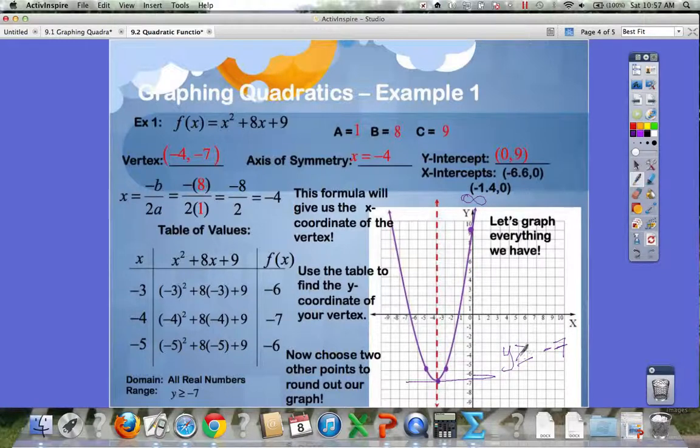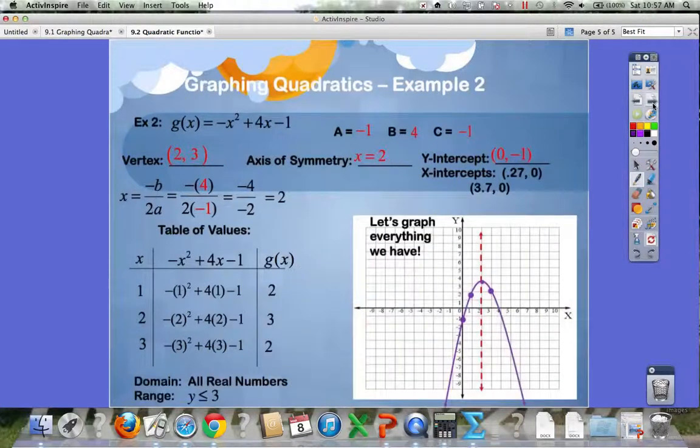So this is going to be all numbers greater than or equal to negative 7 on my y's, which is your range. We will go back and forth with these, but the domains on parabolas are going to be all real numbers. The range, however, is going to be limited. Okay, let's look at another one.